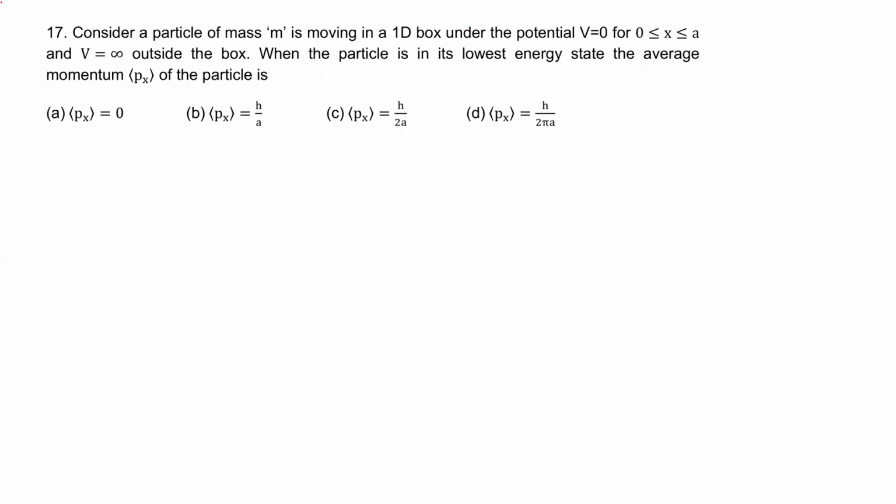So question statement is, consider a particle of mass m which is moving in 1D box under potential V equals to 0. Length of the box is a and V equals to infinity outside the box.